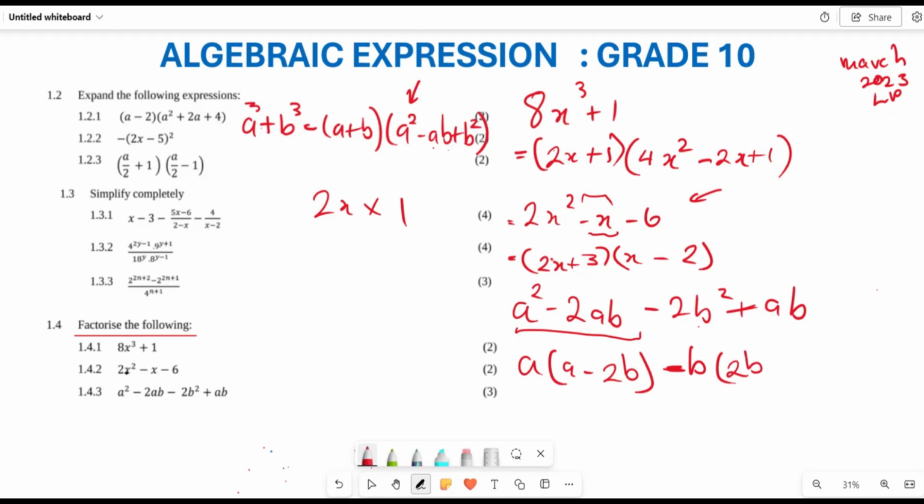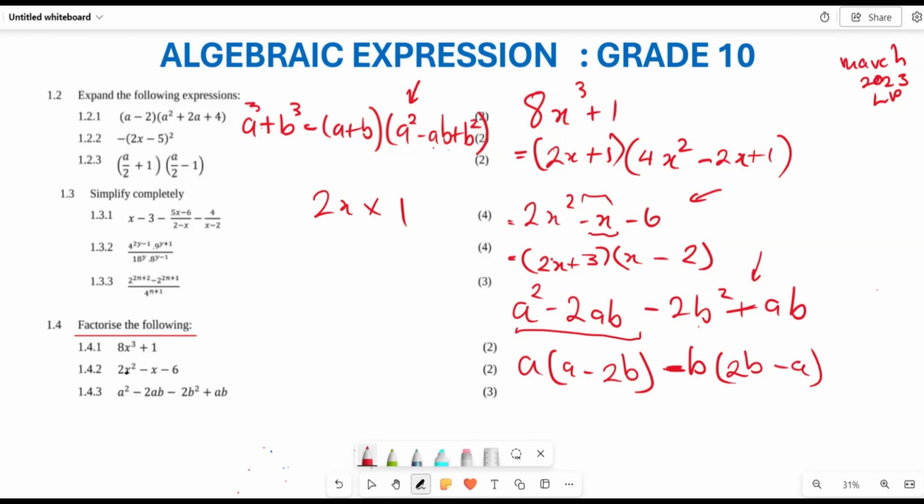And for me to get a positive here, what is it that I can have here? This is going to be the same as my negative a.